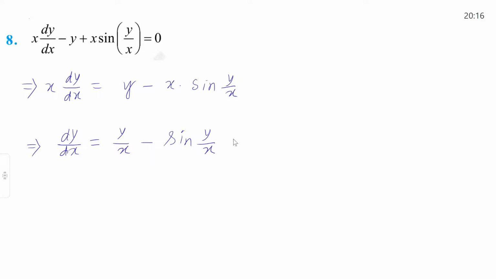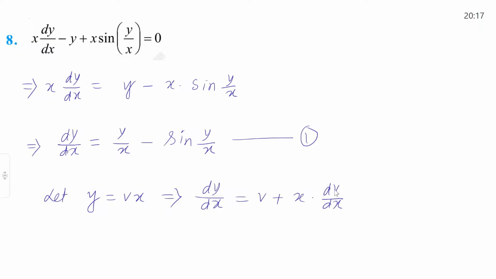Now it is a homogeneous differential equation, mark it as equation 1. Let y equal vx, so this implies dy/dx is equal to v plus x dv/dx. Use this in equation 1. So the left hand side is v plus x dv/dx, equals the right hand side, y/x replaced by v, minus sine of v, then this v is cancelled.